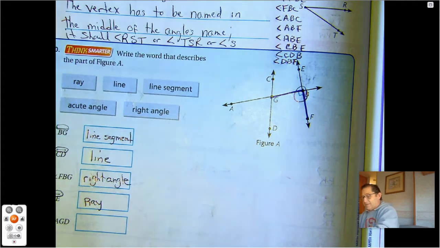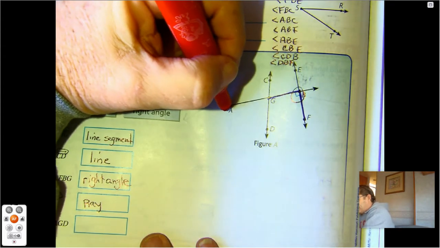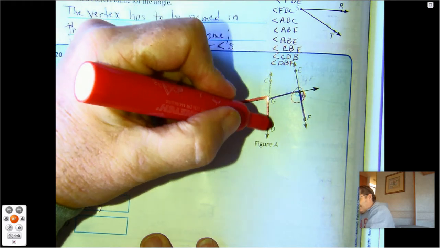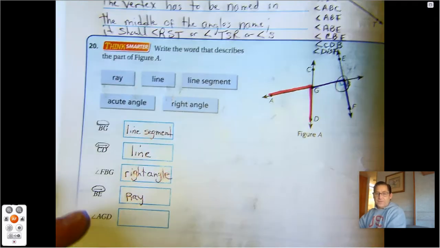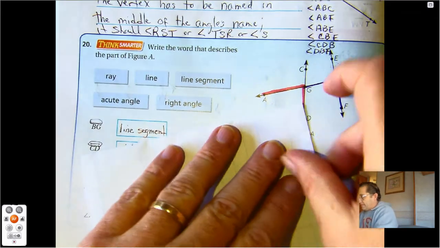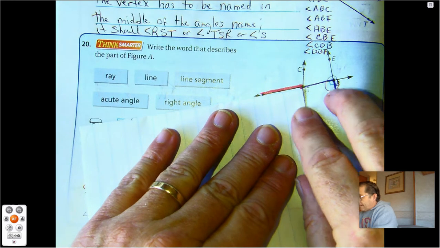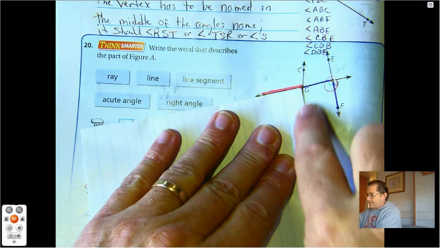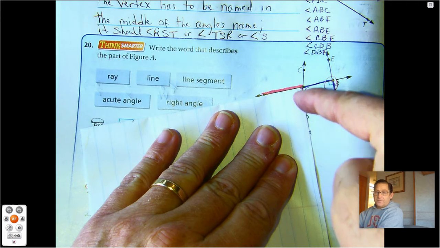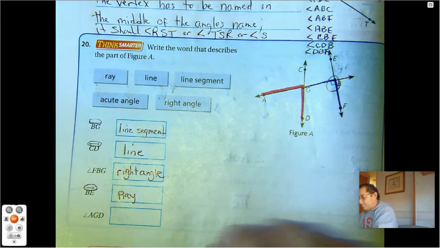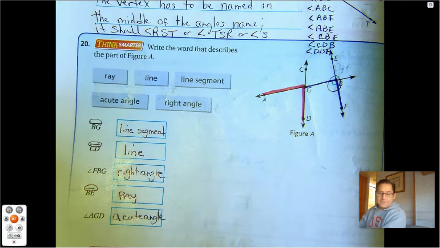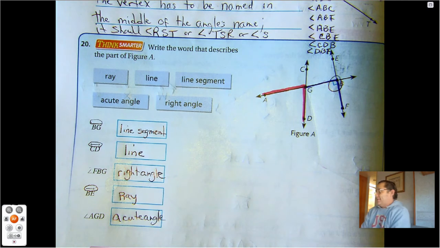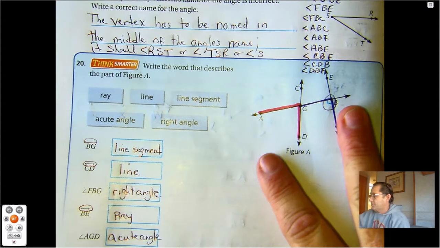And angle AGD. Well, I only have one choice left, but let's confirm it. This should be an acute angle. If I line up the corner, you notice that we do not see the other ray. So, acute angle. Okay. All right, so that's our initial discussion of geometric terms.